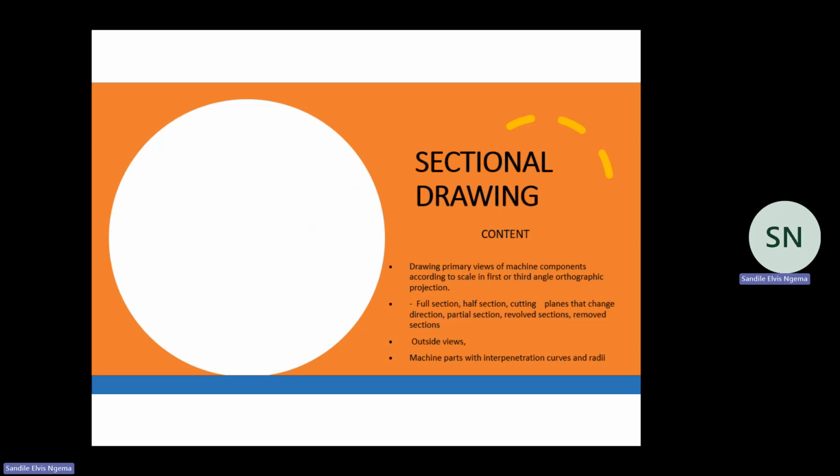And then either we cut fully or we cut in half or we cut in different planes that change the direction. But I will explain more when we get into deep details about this chapter.